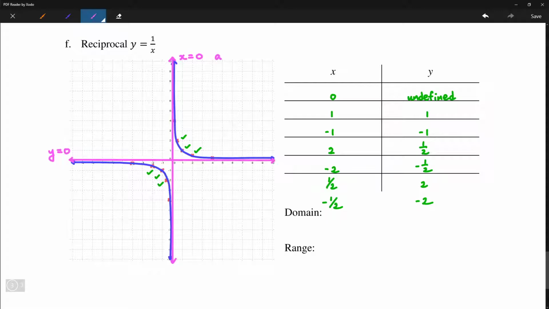So, asymptotes. Later on in the course, we will talk more about how these asymptotes are formed and what some of their special properties are. But for now, we're just going to look at the domain and range of this graph. Notice that x cannot be equal to 0, and y cannot be equal to 0.